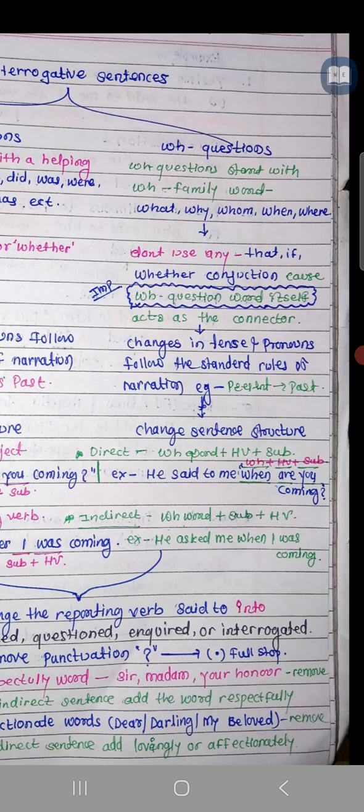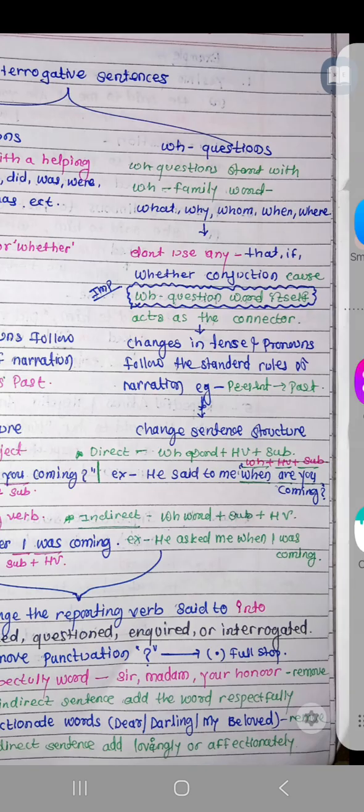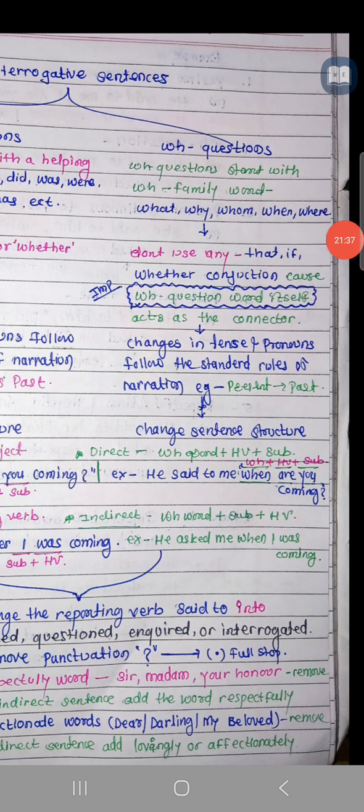But in WH type questions, the WH family word does the role of the connector. So don't use "that," "if" or "whether." Instead of these three words, use the WH word as it is. If the indirect speech starts with when, why, what, it is mentioned as it is.